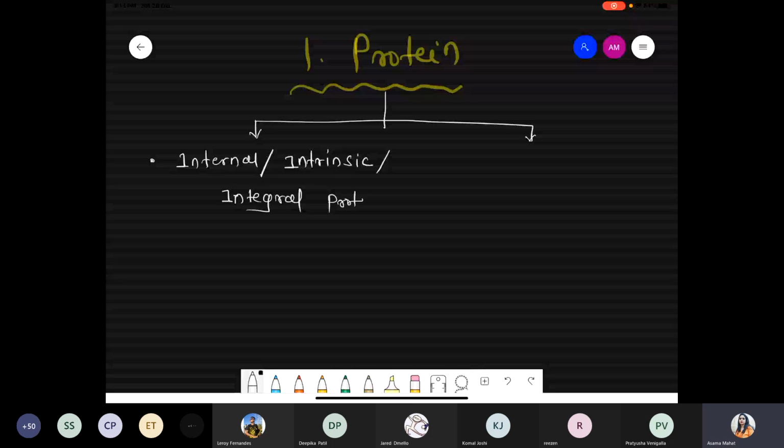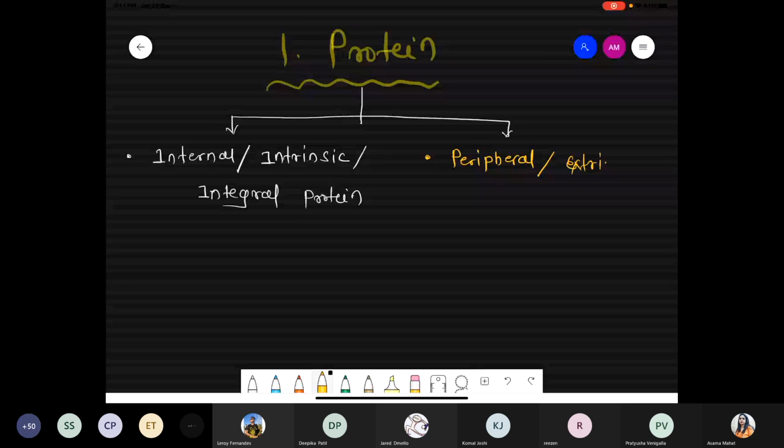Integral protein, the name tells us, they reside inside. Another part is the peripheral protein, which is present on the periphery, on the surface. Such protein is also called the extrinsic protein, and extrinsic protein is also called the external protein.